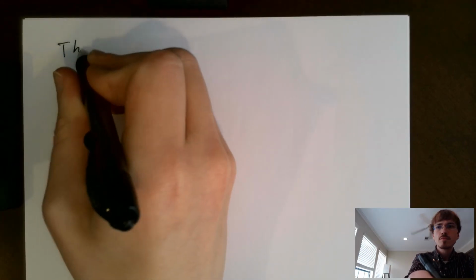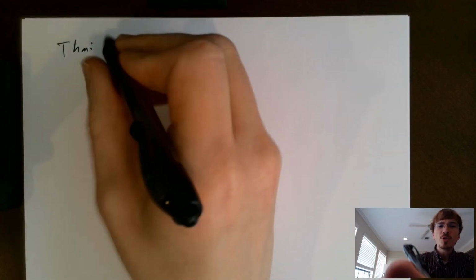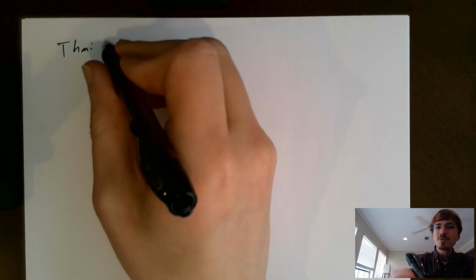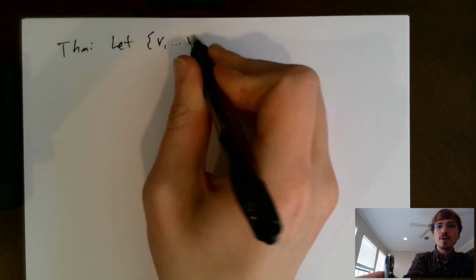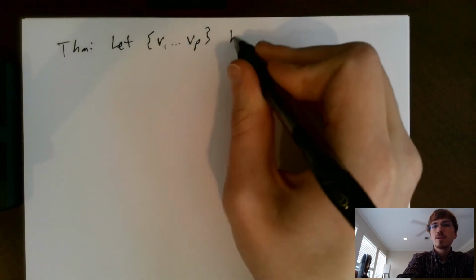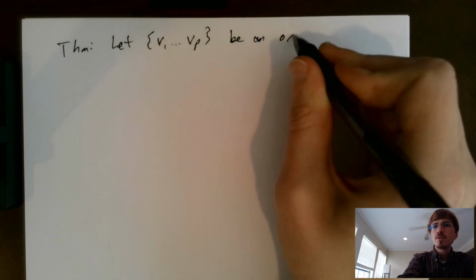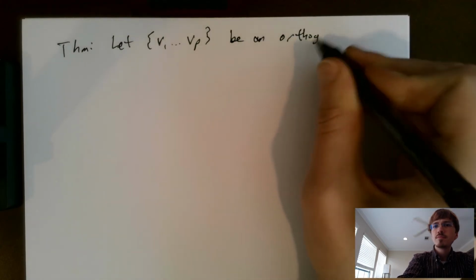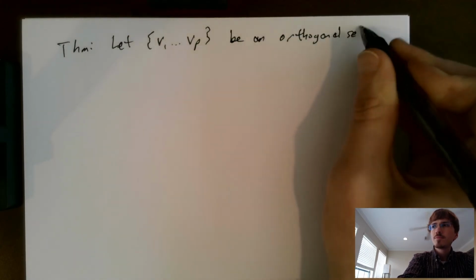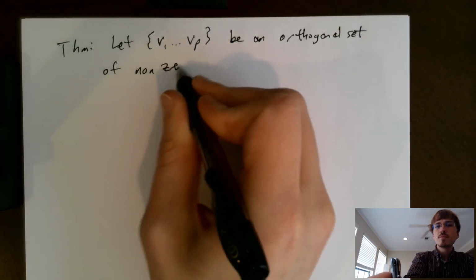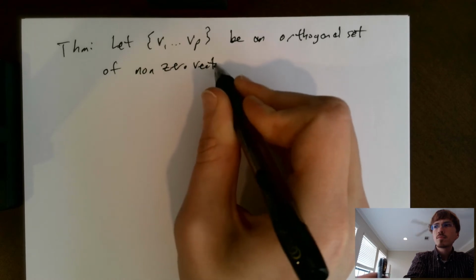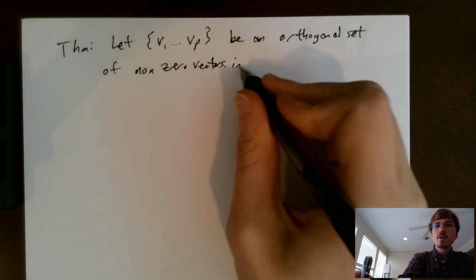Theorem. And this one's super nice. I think this is also a homework question, or a test question maybe, I don't remember. Let v1 through vp be an orthogonal set of non-zero vectors living in Rn.